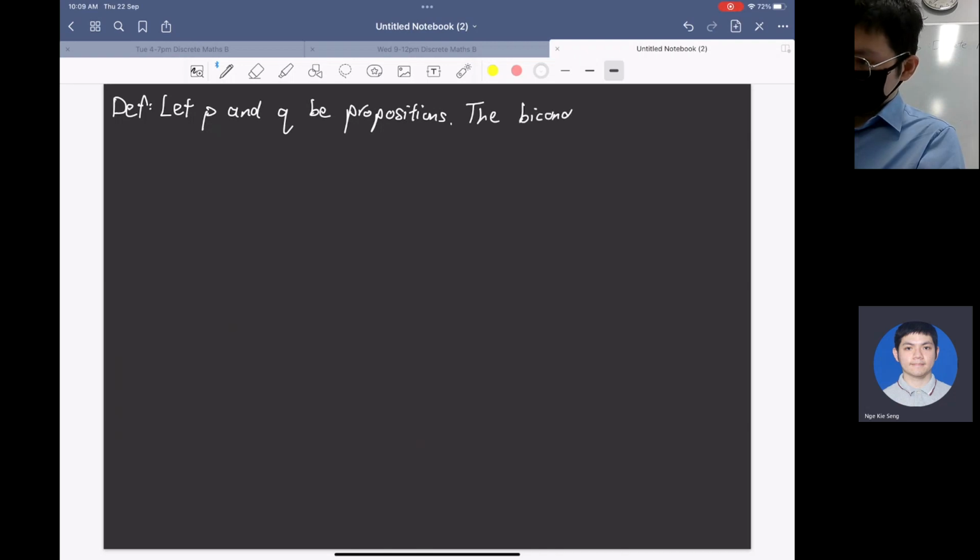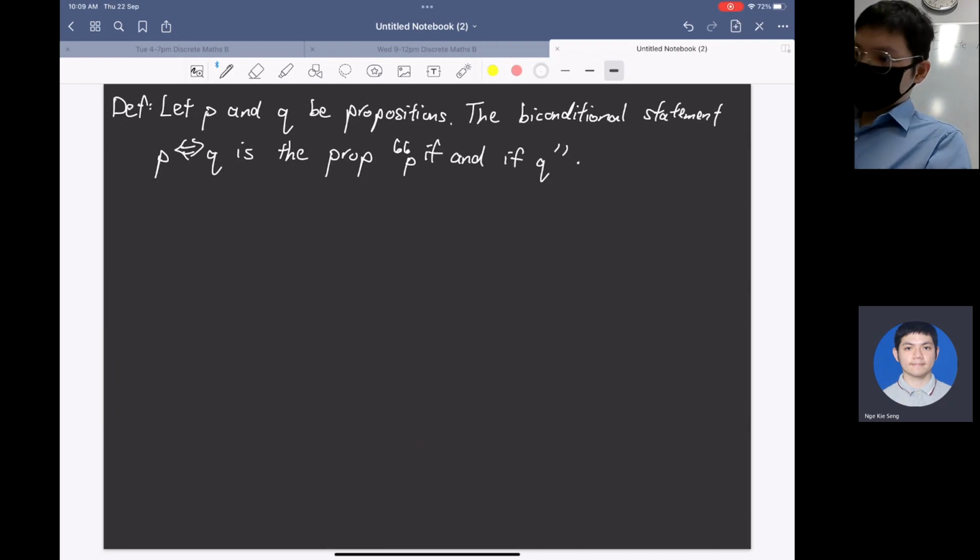The biconditional statement, P if and only if Q, is the proposition P if and only if Q. Since this is a proposition, we can ask about the truth value.